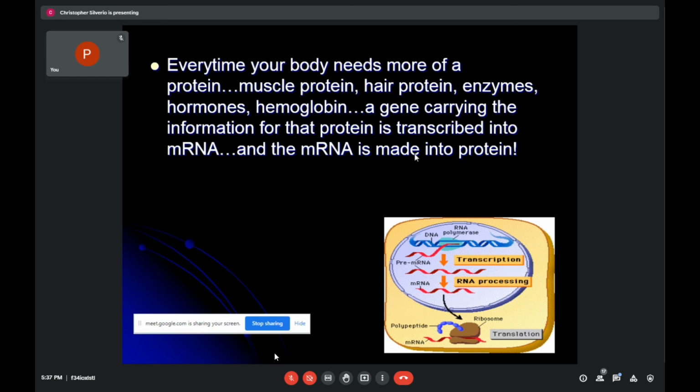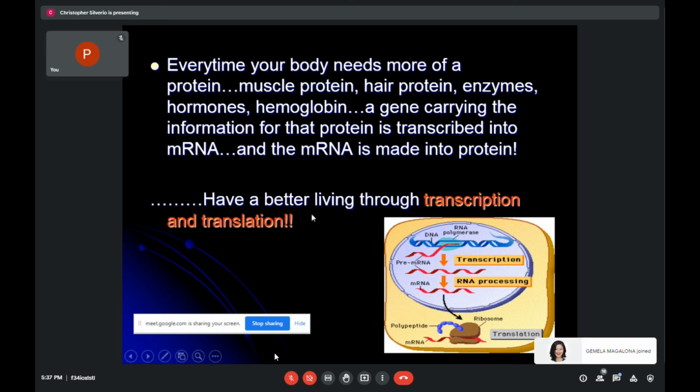It is happening in our body. Because without this molecular process, our body will be non-functional. Our body will not have an enzyme to break down, to digest.